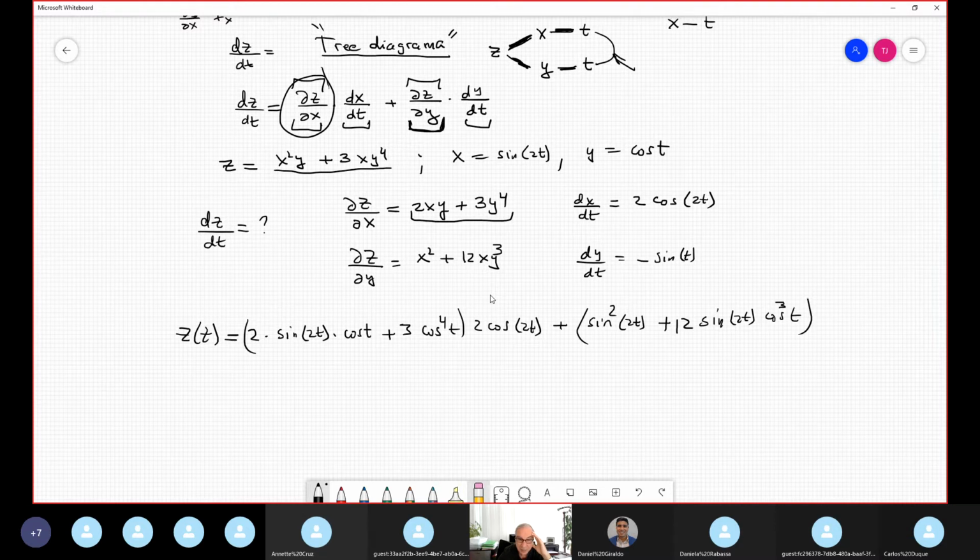Multiplication, everything by dy/dt, and dy/dt is minus sine. Okay, I don't know why I put z here. It's not c, it's z prime, or dz. Okay, do you understand the idea or no? It's no big deal, it's relatively easy to understand.